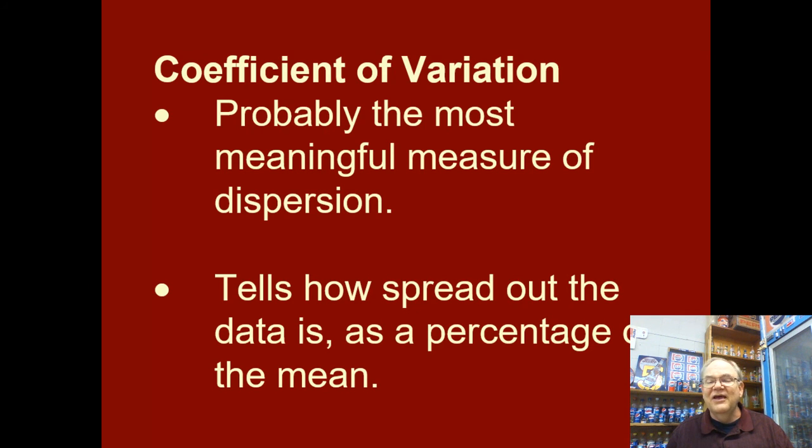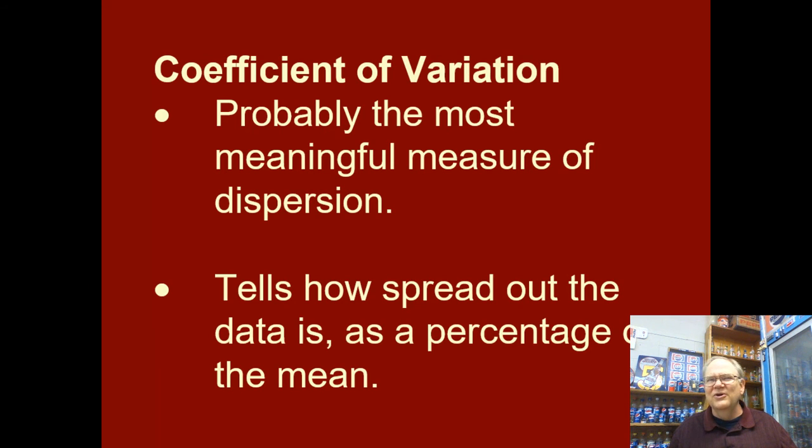You talk about how spread out things are as a percentage of the mean. And because it's a percent, that means that normally it's going to be somewhere between 0 and 100. If you have things that are close to 0, they're packed really tight together. If they're close to 100, they're going to be spread really far apart.